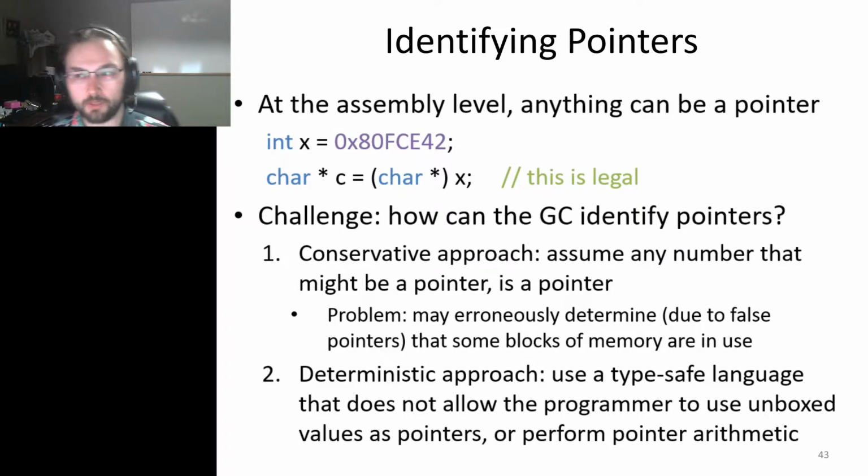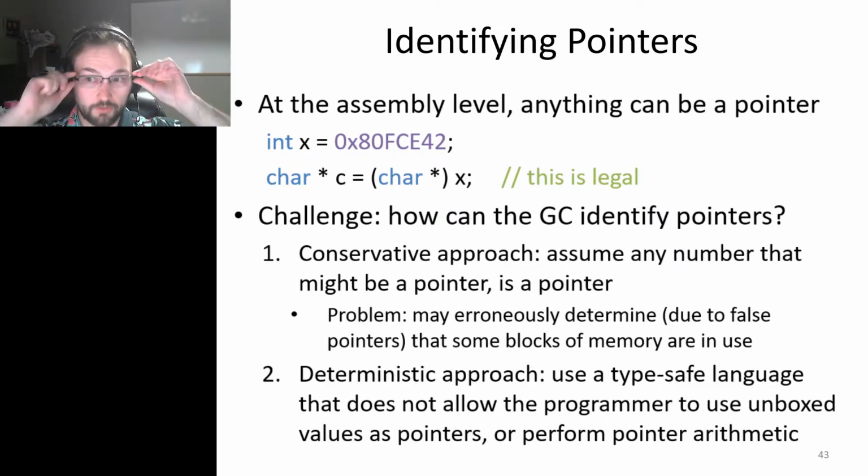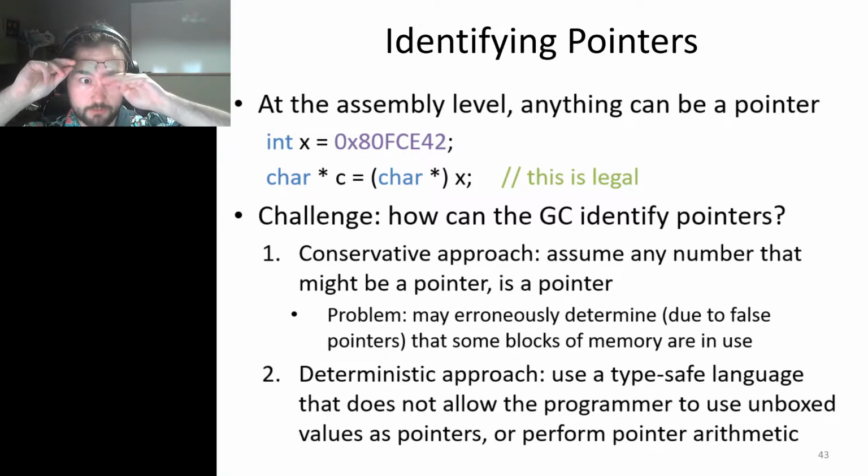The more common approach is to use a language that has a type system that allows us to track the types of things at runtime. For example, in Java, the way you define new types is you define a class, and the way the Java virtual machine represents classes makes sure that it can differentiate which fields are references to other objects and which fields are just integers.